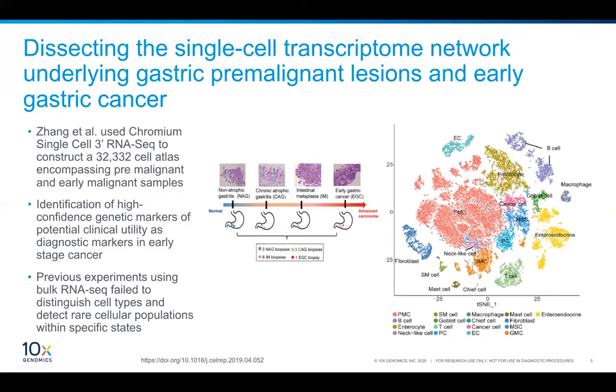The schematic diagram in the middle describes the experimental workflow for the whole study. Mucosa biopsies were collected from various donors. Some were used as the normal controls, and some are from early gastric cancer individuals. The transcriptomes of single cells were constructed using the 10x single-cell 3' gene expression workflow.